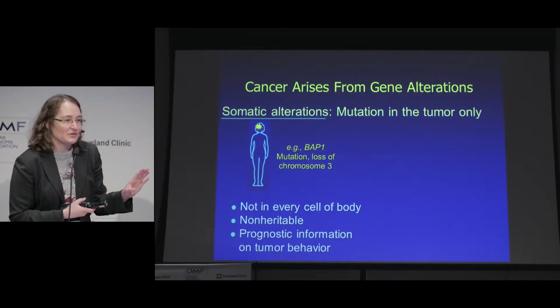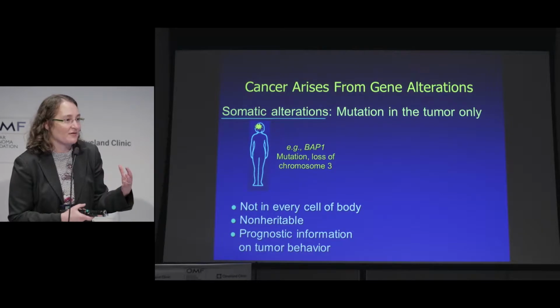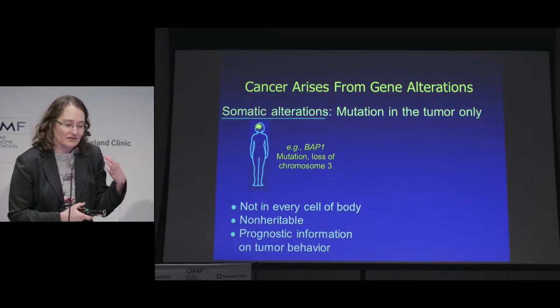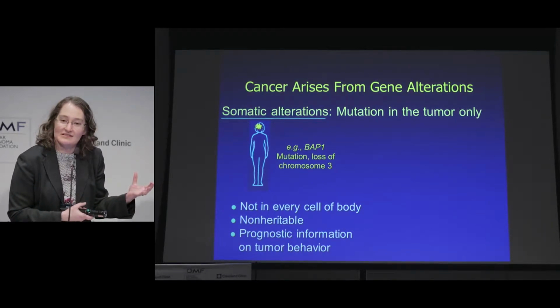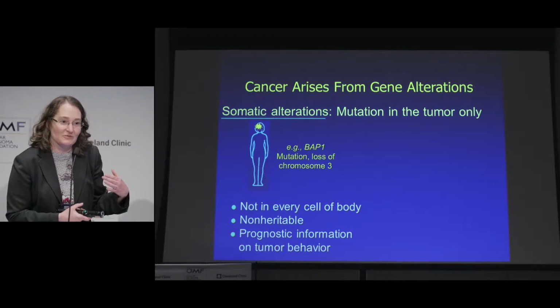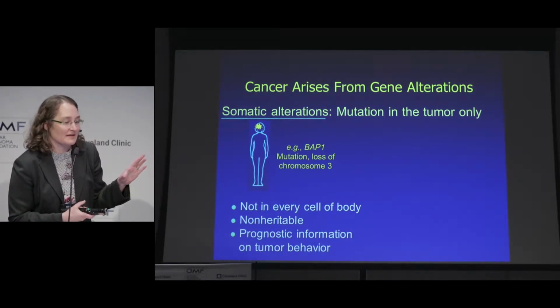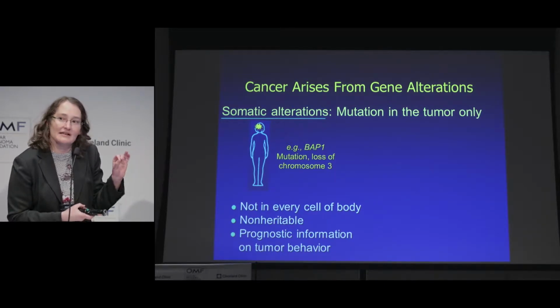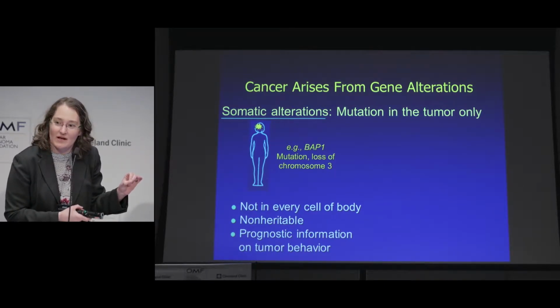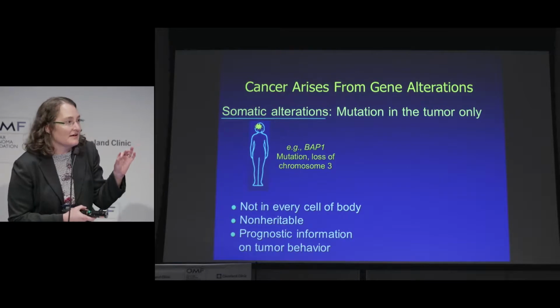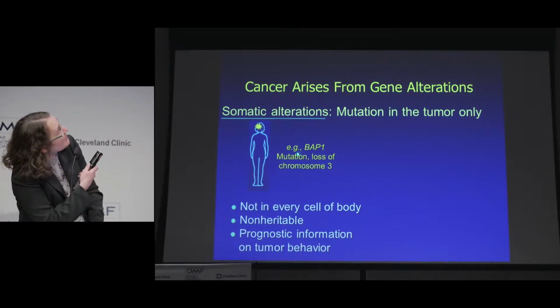Now, this is probably the most confusing area that people have questions about. There's something called somatic gene mutations, and there's something called germline gene mutations. Somatic gene mutations are only in the tumor itself. It's just in basically one area, which is your eye tumor.